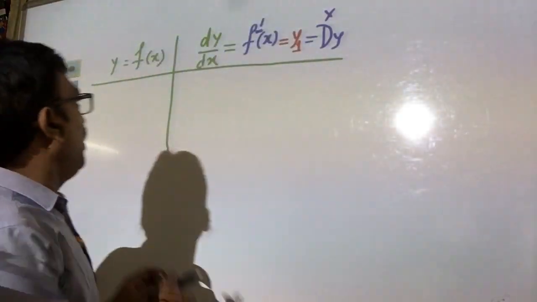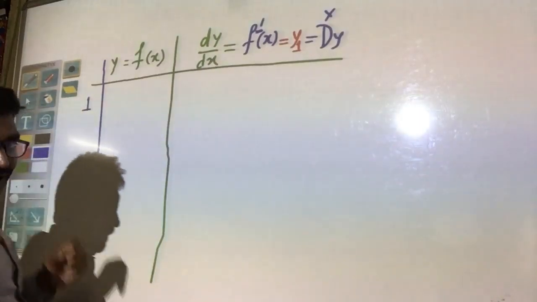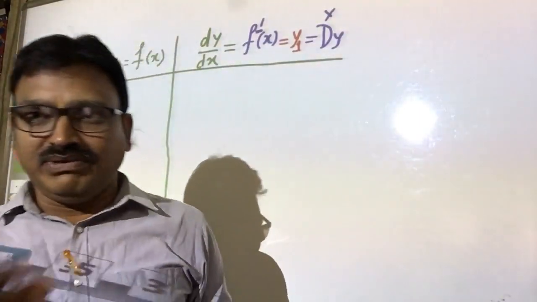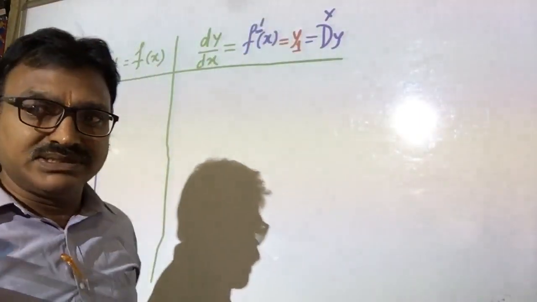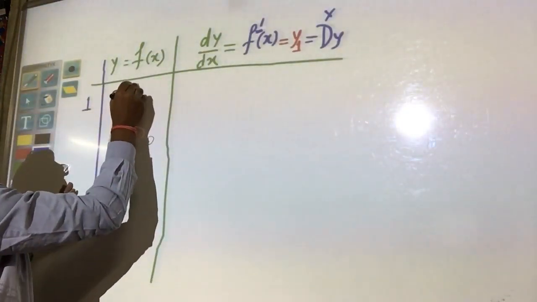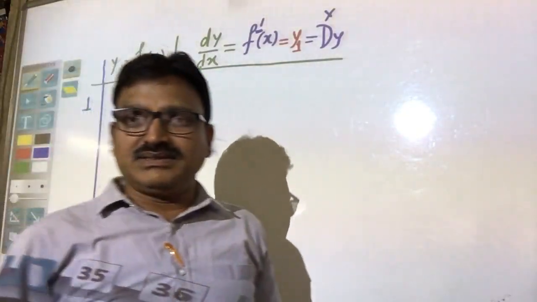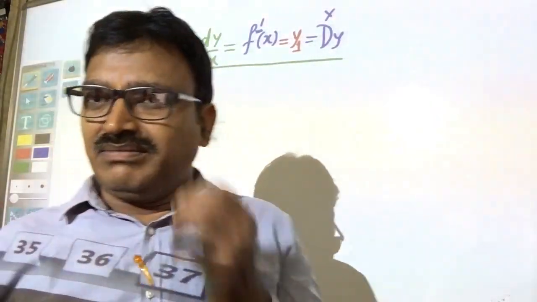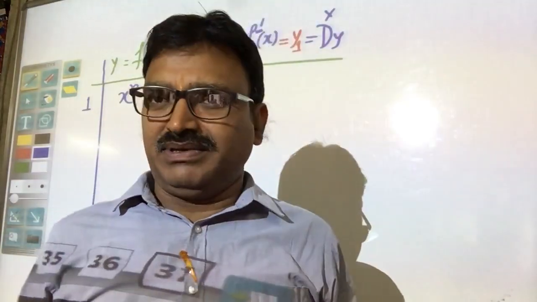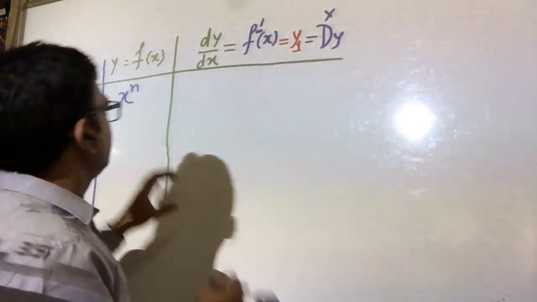So now, how many functions have we already read in 11th class? We will revise them because it is necessary. The first function we read is x to the power of n, where n can be any real number. It may be root 2, it may be 1 by 2, something.